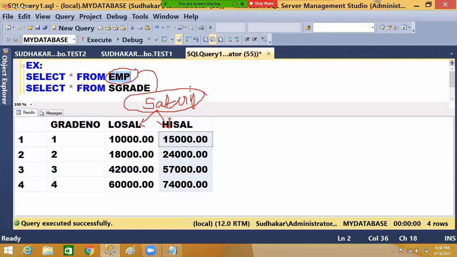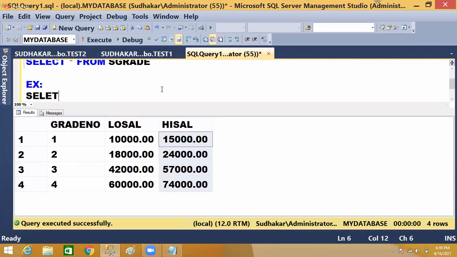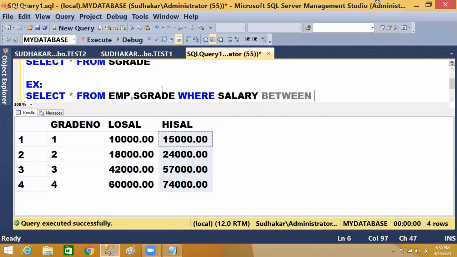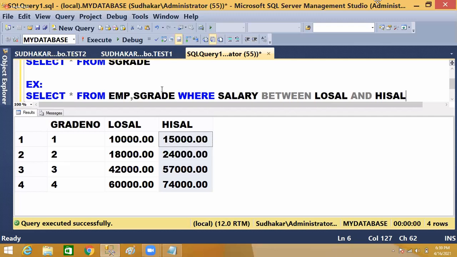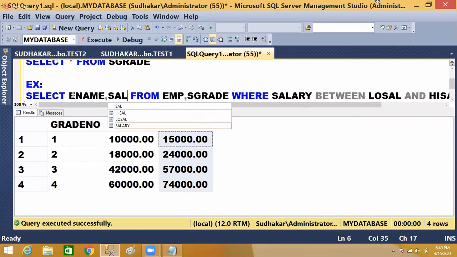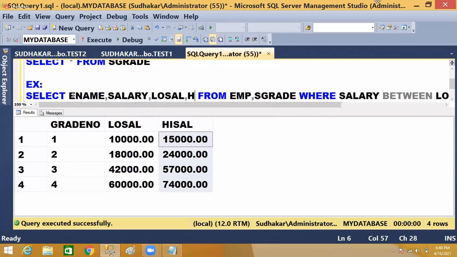Now see how to write that query, a non-equijoin statement. Select star from EMP, S grade, where employee salary, see I'm using the between operator, between low salary and high salary. Here I will take these columns: employee name, salary, low salary, comma, high salary.